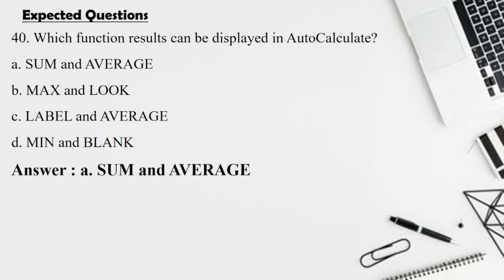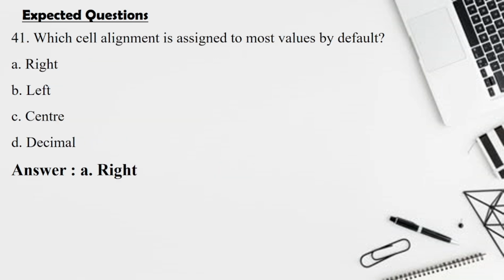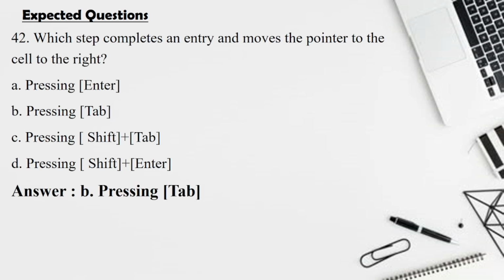Which function results can be displayed in auto calculate, sum and average? A is the answer. Which cell alignment is assigned to most values by default? Right is the answer, always right side alignment. Which step completes an entry and moves the pointer to the cell to the right? That is pressing tab.